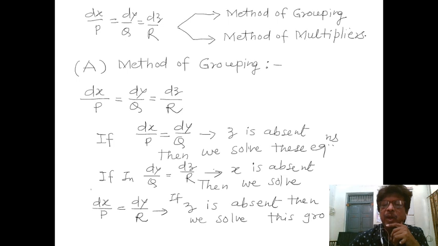That is why this is called the method of grouping. So very simple method. Now we shall go for some examples to solve this equation. Let us start with the first example.